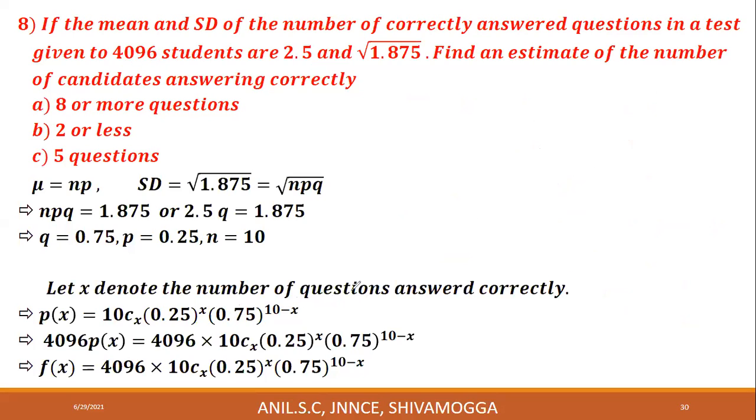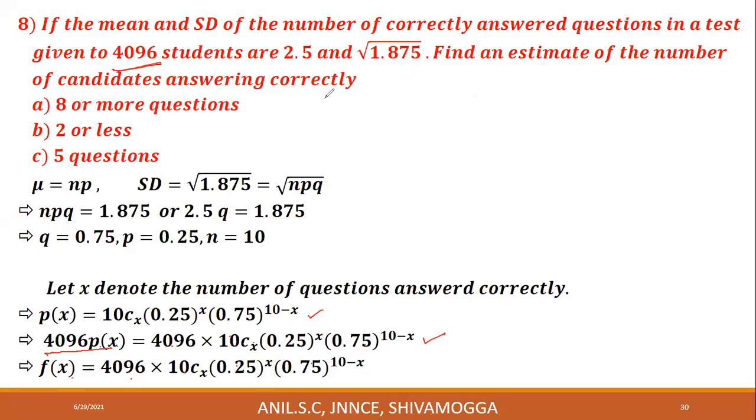Therefore, multiply this expression throughout by 4096. 4096 into P of X is equal to 4096 into 10CX, 0.25 whole power X, 0.75 whole power 10 minus X. Let's denote this 4096 into P of X by F of X. Therefore, F of X is equal to 4096 into 10CX, 0.25 whole power X, 0.75 whole power 10 minus X. This is the probability function with respect to all the 4096 students.